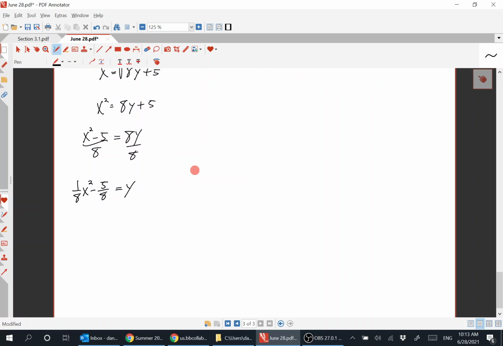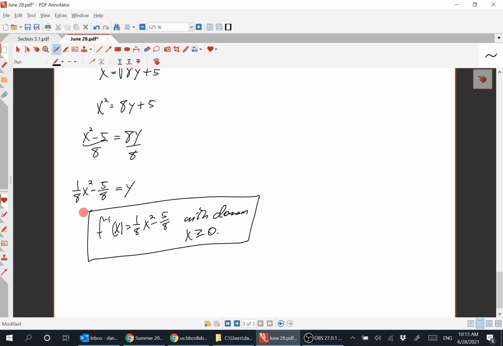So that's f inverse of x, with domain x bigger than or equal to 0. All right, so with that type of function, one has to keep that in mind.